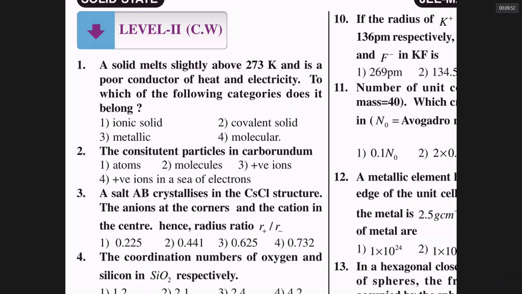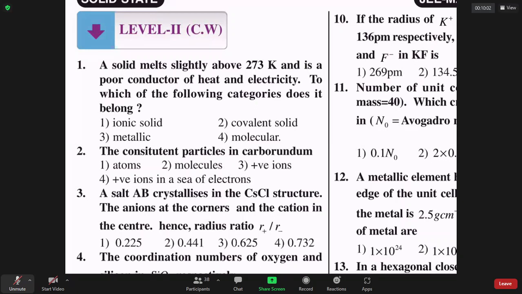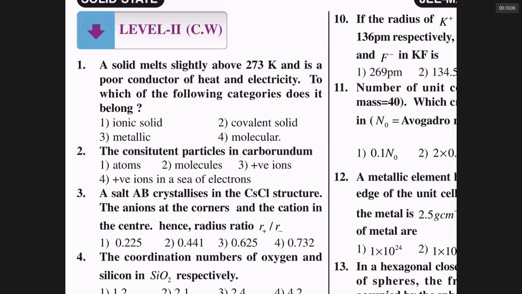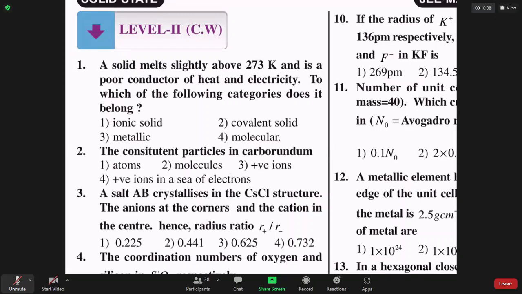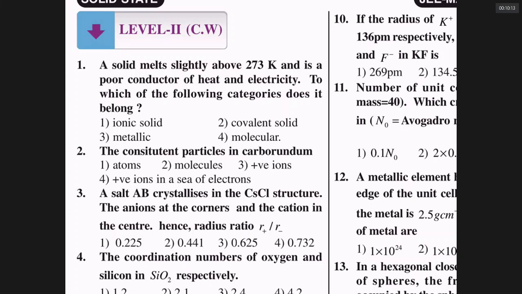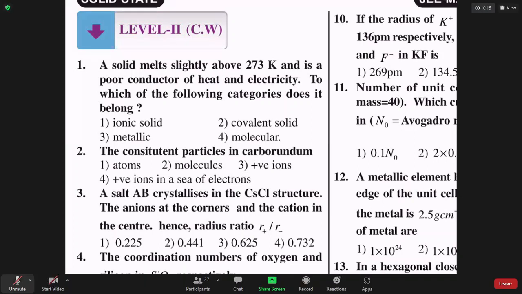It is not a metallic solid because it is not a good conductor of electricity. Its melting point is so low, indicating it must be a molecular solid. Covalent solids have high melting points. You have to see the table: diamond, graphite, silica, quartz, all the covalent solids have high melting points. So the data fits only option 4.